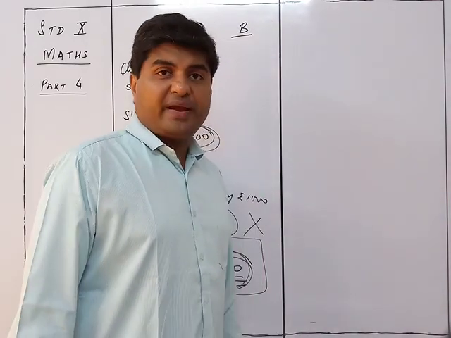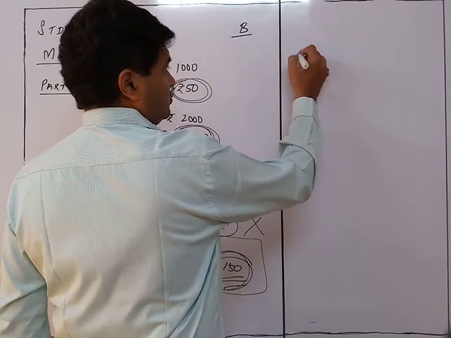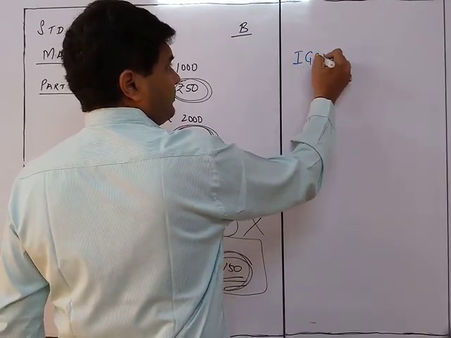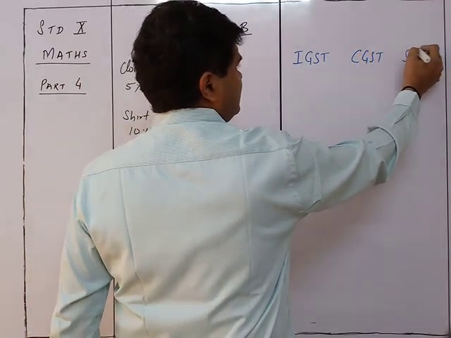So, which way is it going to be? For example, you have got three headings. One is IGST, other is CGST, and last is SGST.